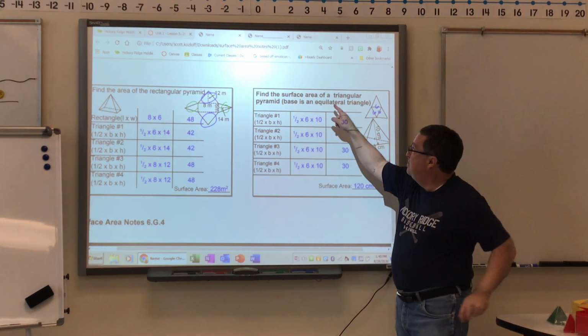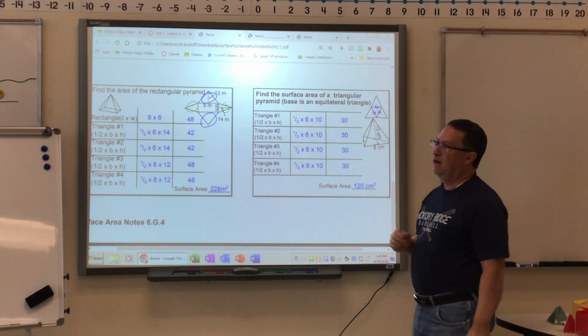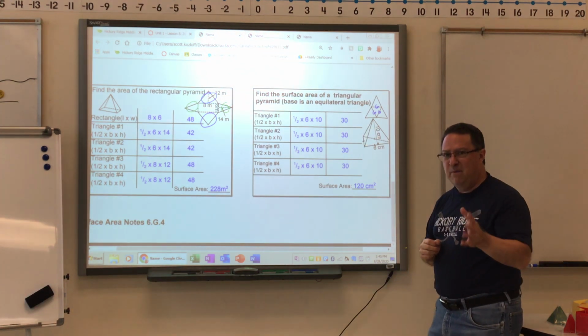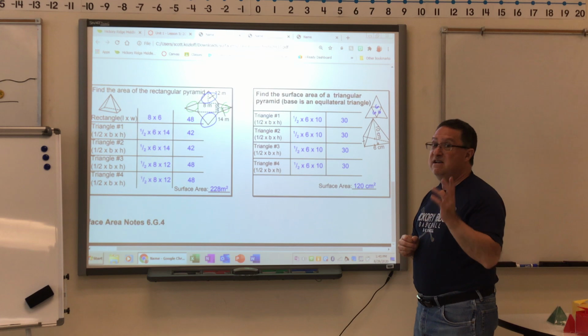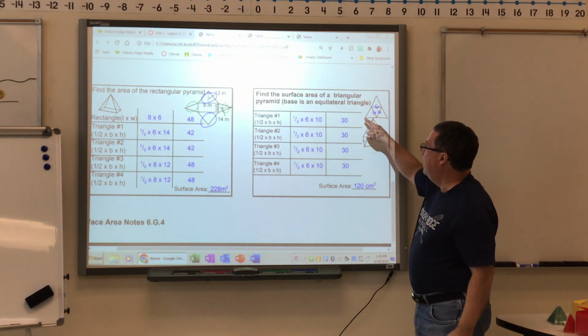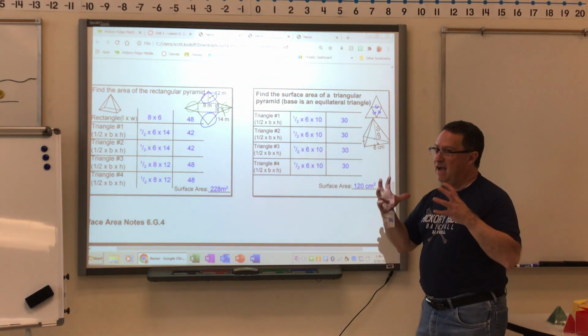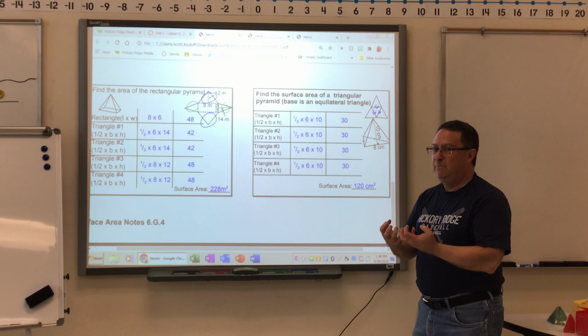Okay? In a triangular pyramid, we're going to just talk about equilateral triangles. So remember, an equilateral triangle means every triangle is the same, including the one in the center. Because if all 3 of them on the sides are equal, so is the base.